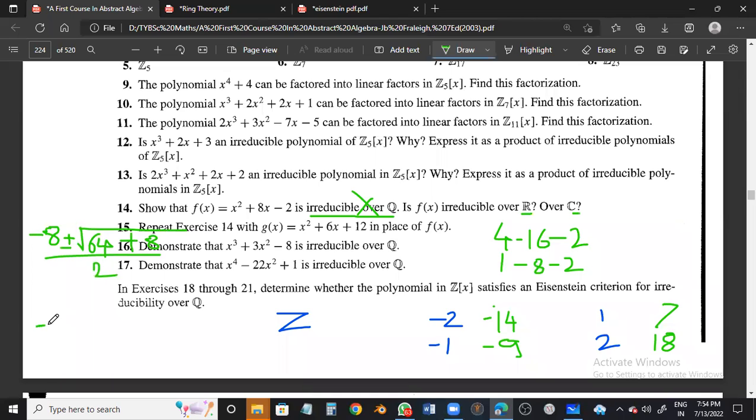So what is the value? -4 plus minus root 72. Factorization of 72.